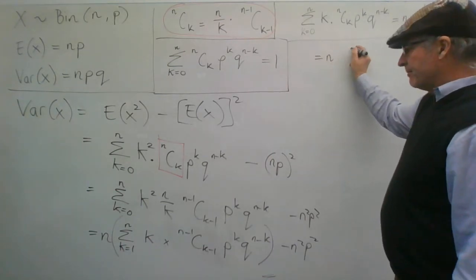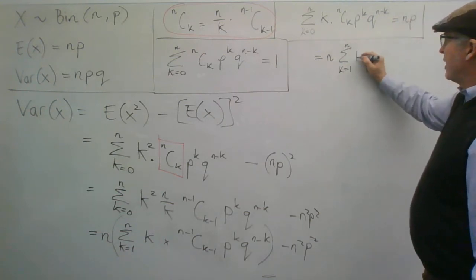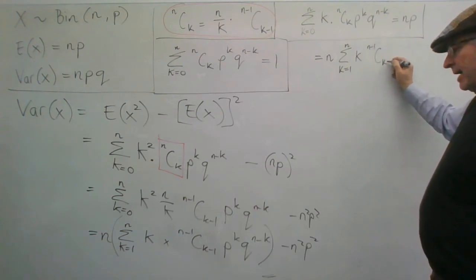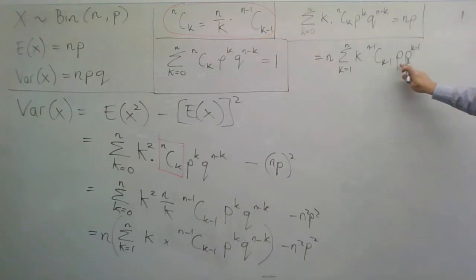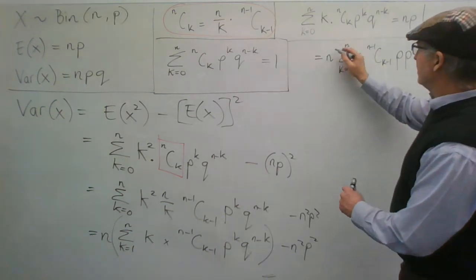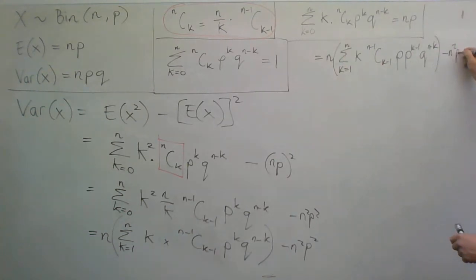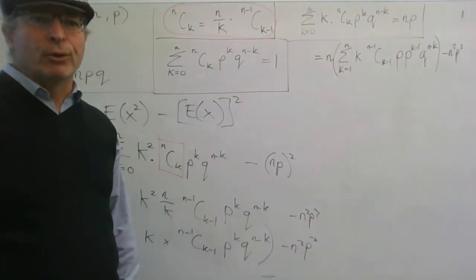We've got n, sum from k equals 1 to n of k, and then we've got n minus 1 choose k minus 1, p times p to the k minus 1, so that'll get it back to p to the k, and q to the n minus k. So that's all one thing here, and then minus n squared p squared is at the end there, which just gets carried through.